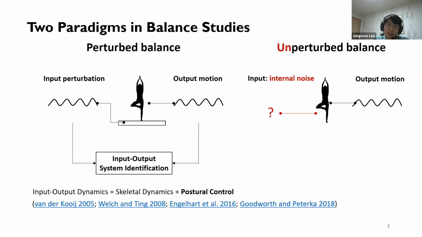But the problem here is that the driving signals or driving forces are internal noise, so you cannot have direct access to the measurement of them. This actually hinders you from applying the input-output system identification method that has been well used in the perturbed balance cases.